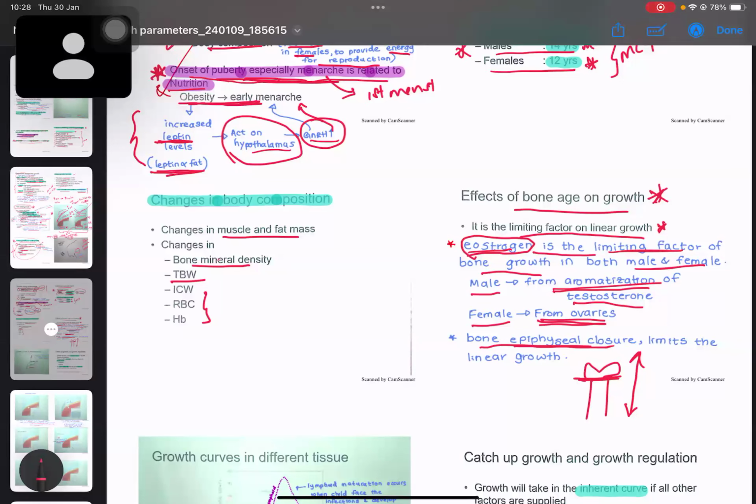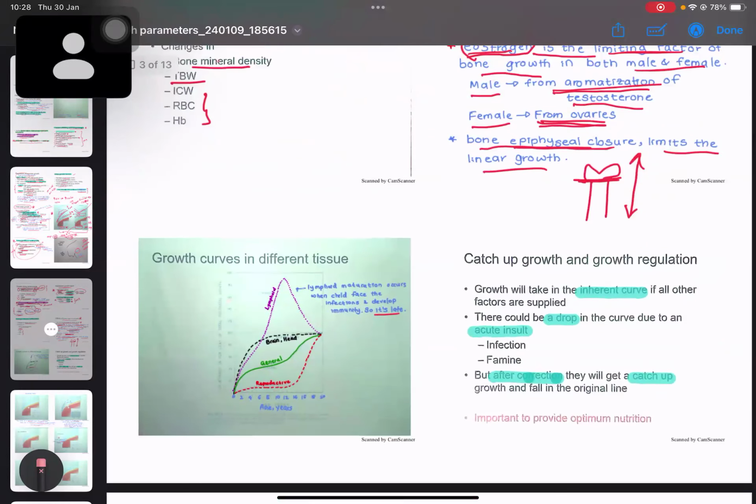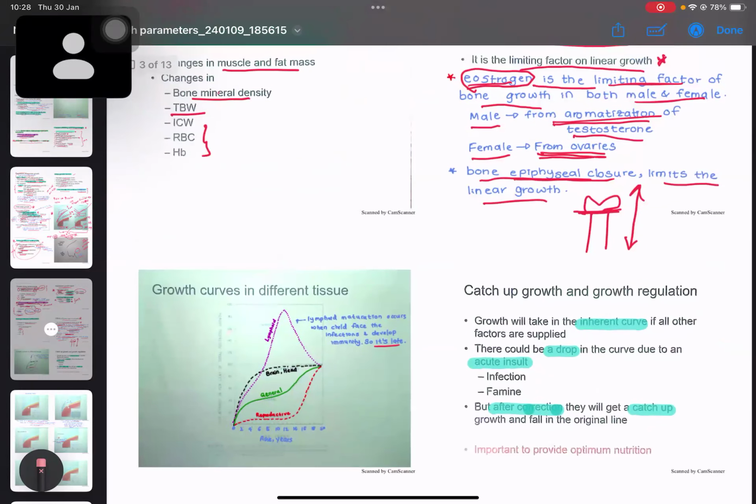So bone epiphyseal closure is done by estrogen, which limits the height or the linear growth of a child. So after puberty, as estrogen is secreted more at puberty, the epiphyseal plate starts to close, and the height of the child will not increase once the epiphyseal plates are closed.